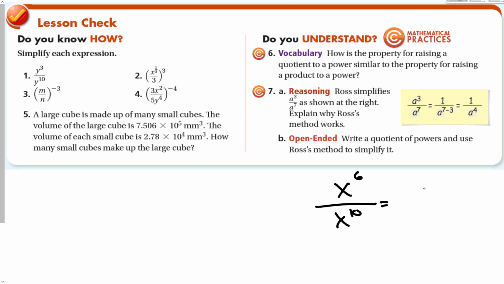So what we're saying here is we can take the 6 and move it down to the bottom of a fraction and make it negative. And now we can combine the exponents with addition, subtraction in this case, to give me 1 over x to the 4th power. And that is 7-4, division properties of exponents.